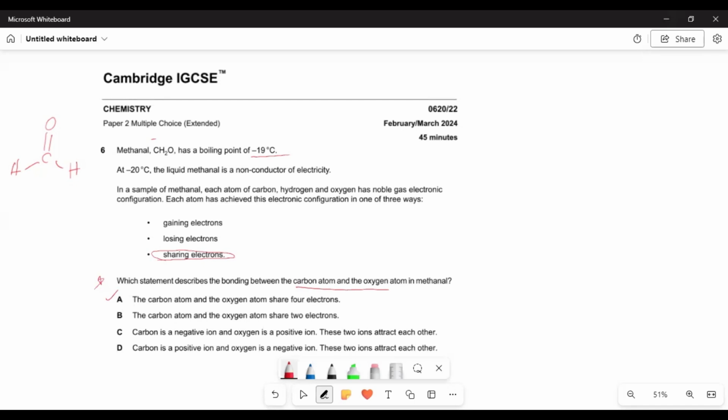The carbon atom and the oxygen atom share 2 electrons. No. The carbon is a negative ion and oxygen is the positive ion. No, because carbon never forms positive or negative ions. So these options are also wrong. So the correct option is only A.